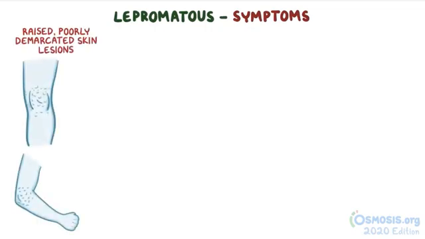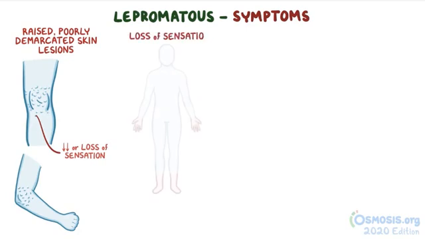With the lepromatous form, there are numerous raised, poorly demarcated skin lesions that can be found on extensor surfaces of the extremities. Within these skin patches, there might be diminished sensation or a loss of sensation altogether. And overall, there's a loss of sensation in the limbs, with a glove and stocking distribution.